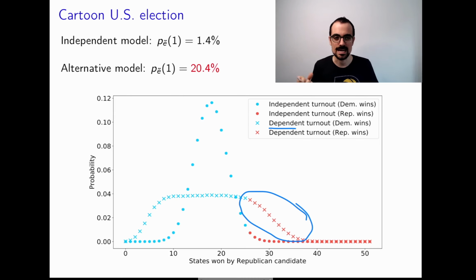And this kind of captures this idea that if voters start behaving in a certain way in a certain state, they're going to start behaving in the same way in similar states. And it's crucial to account for that if you want to adequately capture our uncertainty about the election.